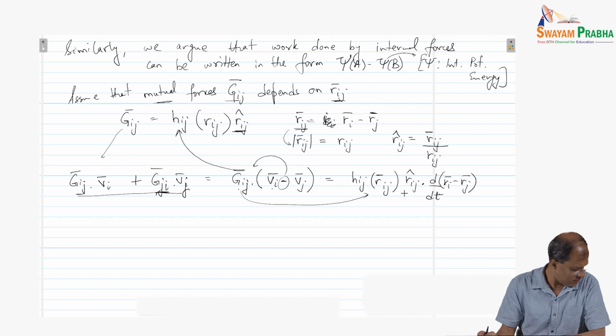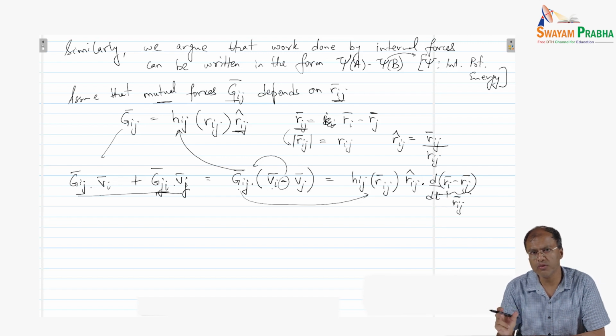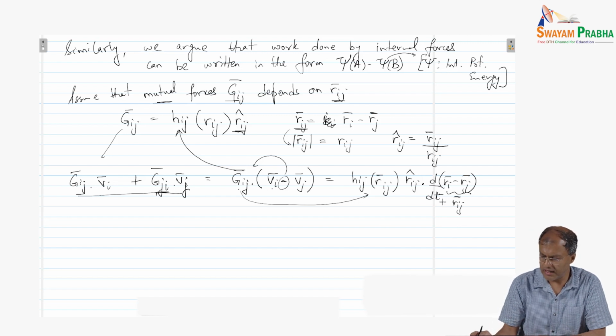So then what we have is Ri minus Rj is nothing but Rij. That is, from the triangle inequality, the mutual displacement between the two objects under consideration. So this quantity is d dt of Rij bar.